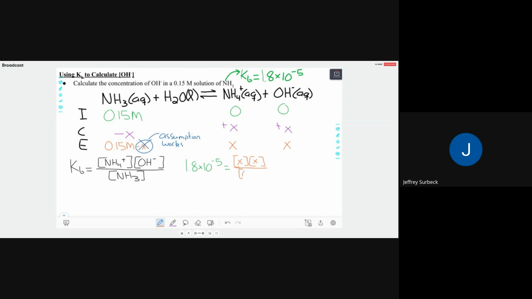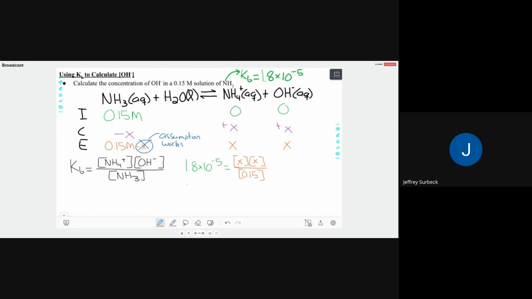Okay, we got rid of the minus X because of the assumption. Now, is everyone okay if I just give what X equals? Or does anybody need to see me do the math? Good with just what X equals. We solve this mathematically, and our X ends up being 1.6 times 10 to the negative third.